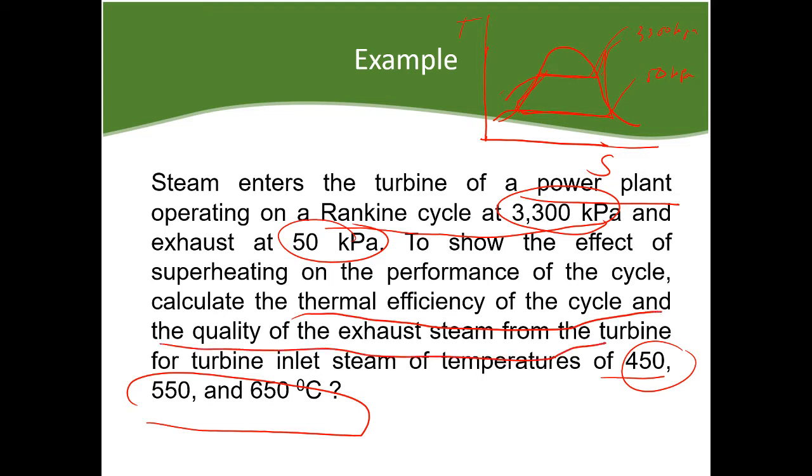Pag sinabing quality of the exhaust steam, yan yung X na tinatanong, at different temperature. So, if meron kang different superheated temperature, ito yung binavary mo, yung temperature sa inlet ng turbine. Okay?